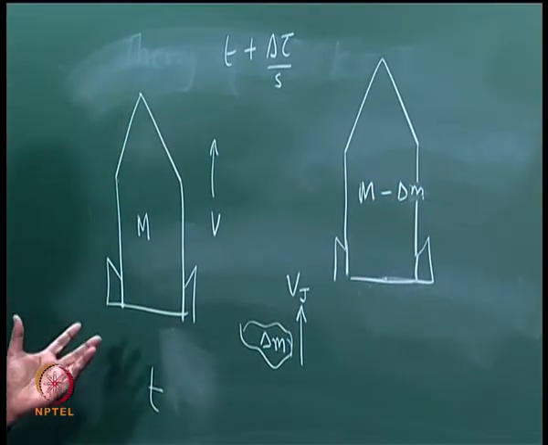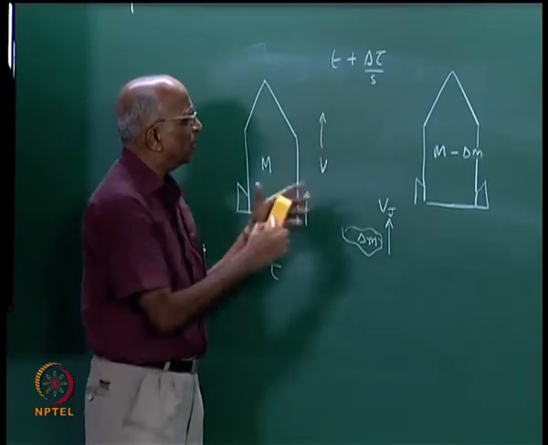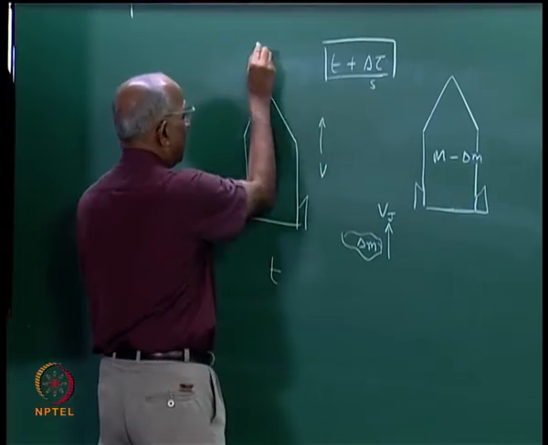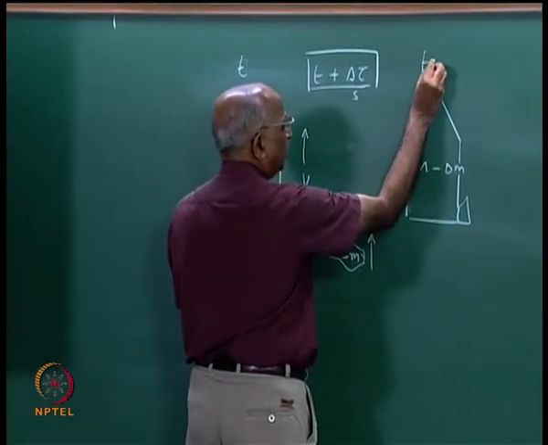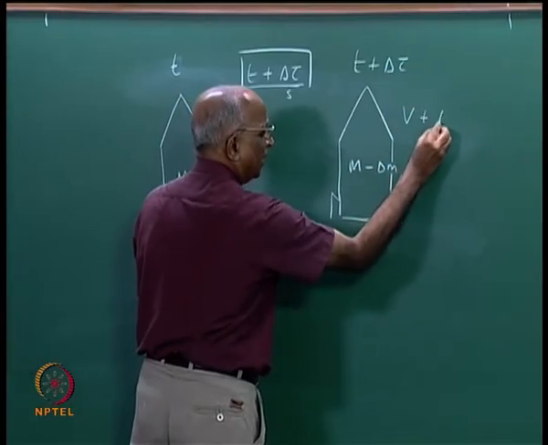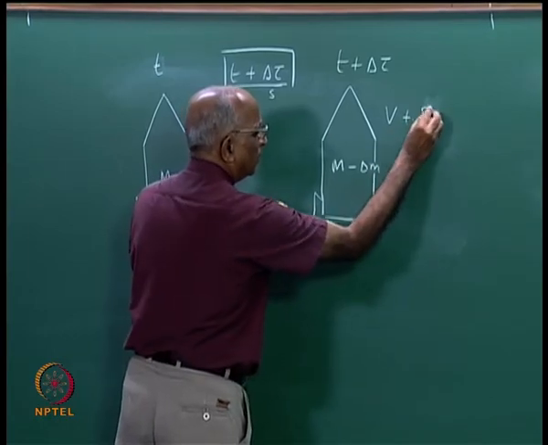Let us presume that the velocity of the rocket at time t plus delta tau seconds, this is at time t, this is at time t plus delta tau, is v plus, let us say, small delta v.